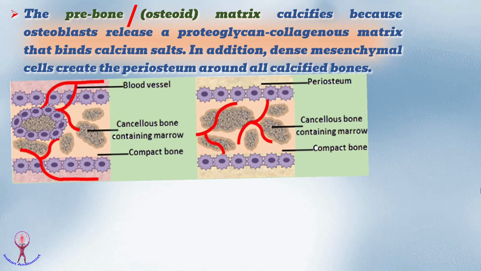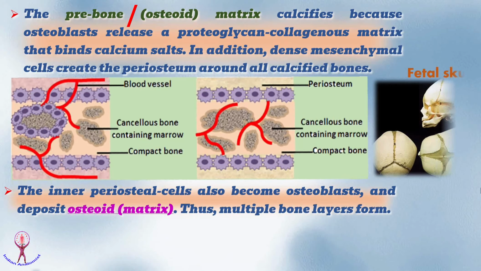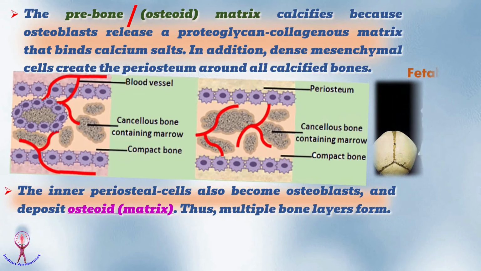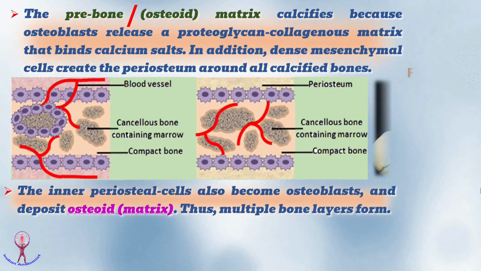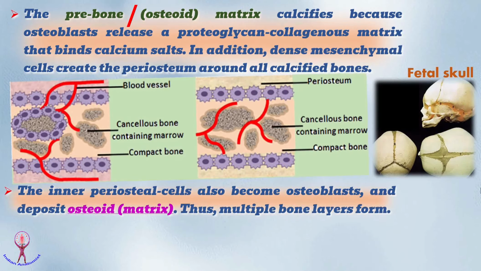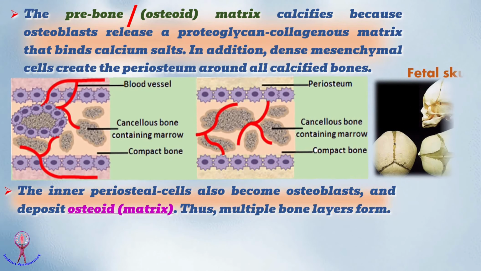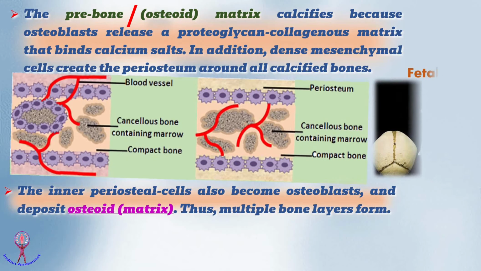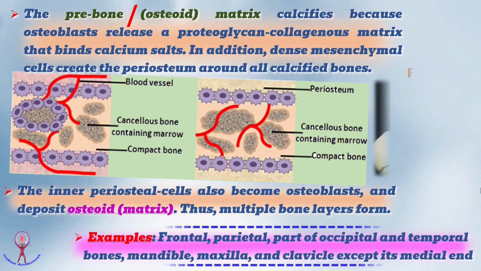In addition, dense mesenchymal cells create the periosteum around all calcified bones. The inner periosteal cells also become osteoblasts, and deposit osteoid or matrix. Thus, multiple bone layers form.